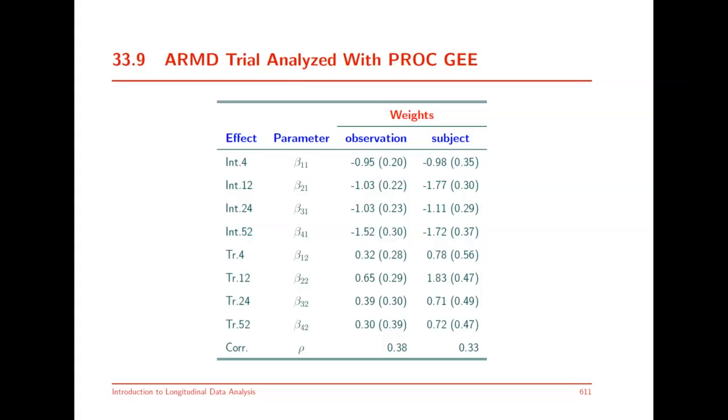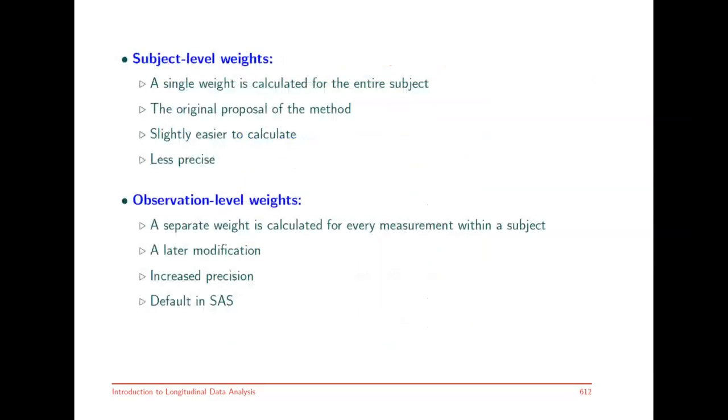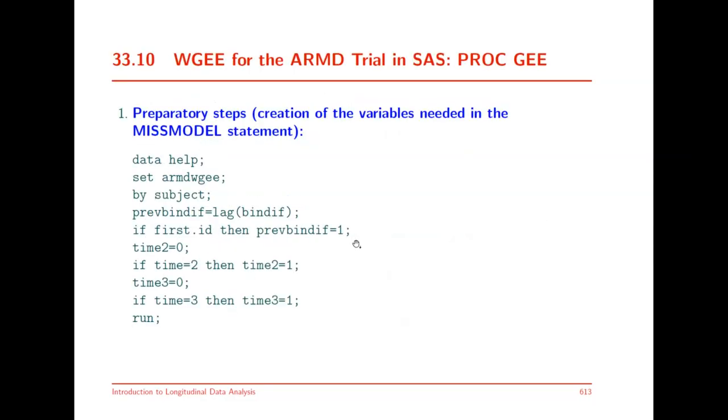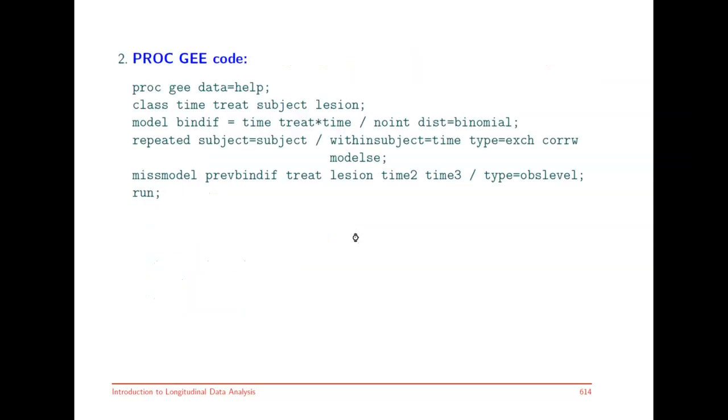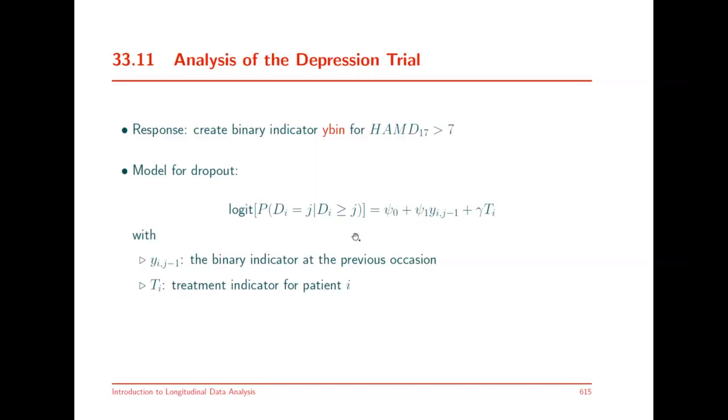They require a bit more computation, but the software does do that for us, so that's okay. And you see that the standard errors are more favorable in the observation level case than in the subject level case. Fortunately, you can do both in SAS PROC GEE. Even more fortunately, it's even the default, the observation level weights. So that's what I'm summarizing here, and that's also what I recommend. Okay, that's again a bit of the code. I'll skip over the code right now.